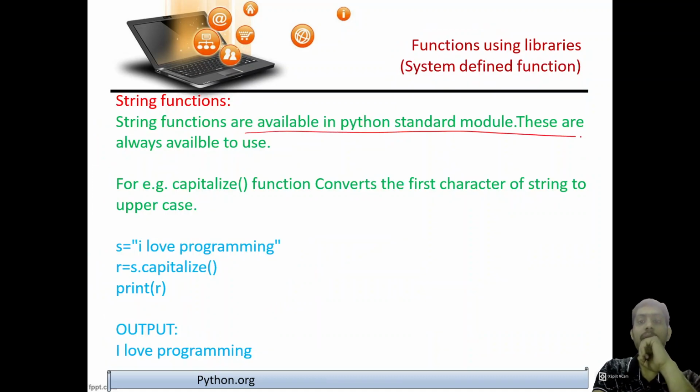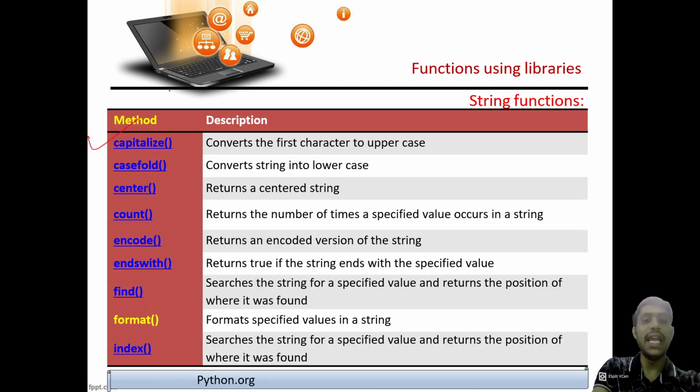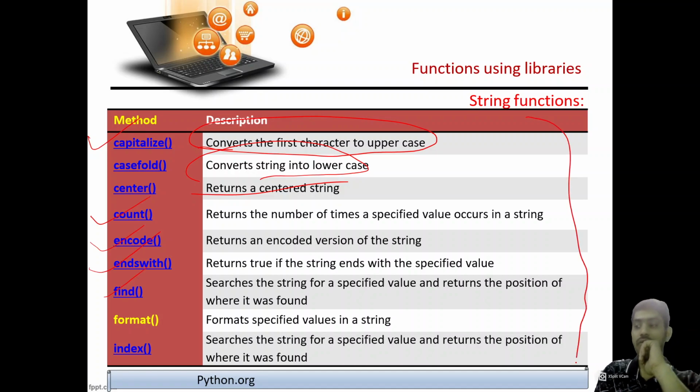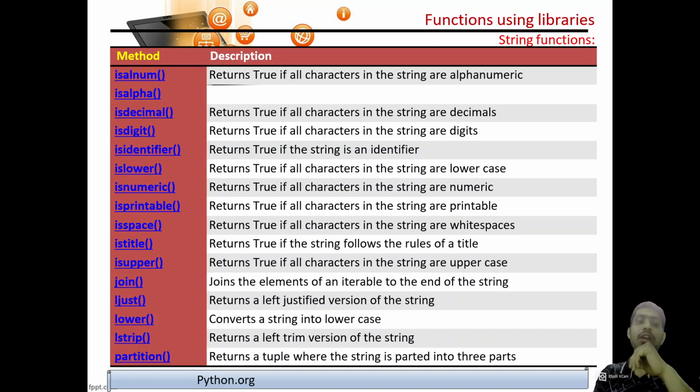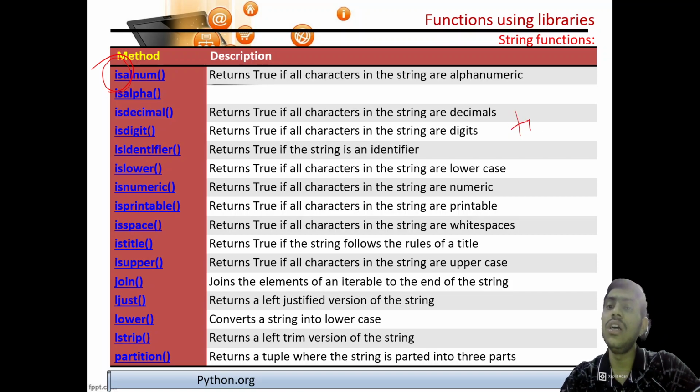String functions are available in the Python standard module, and these are always available to use. There are different string functions. Capitalize converts the first character to uppercase. Casefold converts the string into lowercase. Center, count, encode, endswith, find, index, format. Then isalnum checks whether the string is alphanumeric or not, isalpha checks whether it is alphabetic, isdecimal, isdigit. Whenever there is an is-function, it is checking, so the result is always true or false.